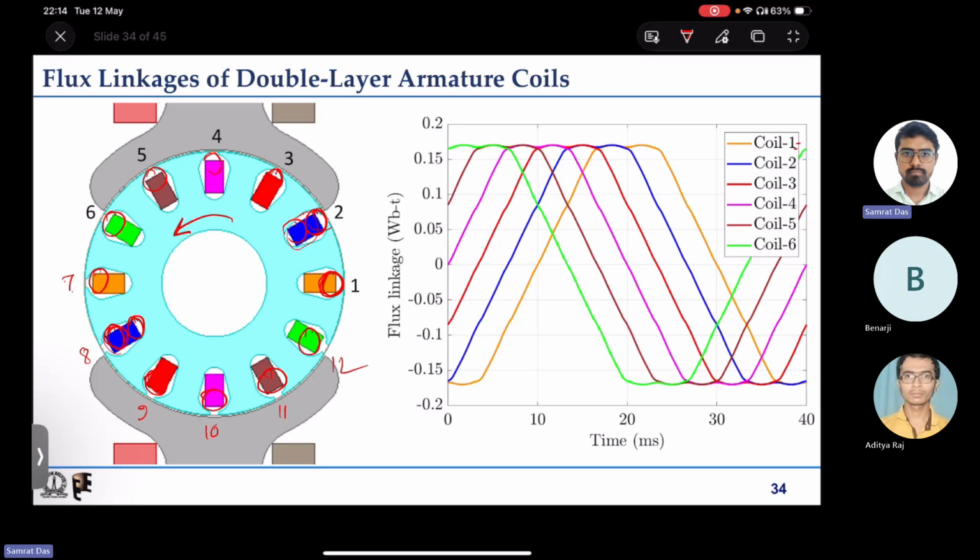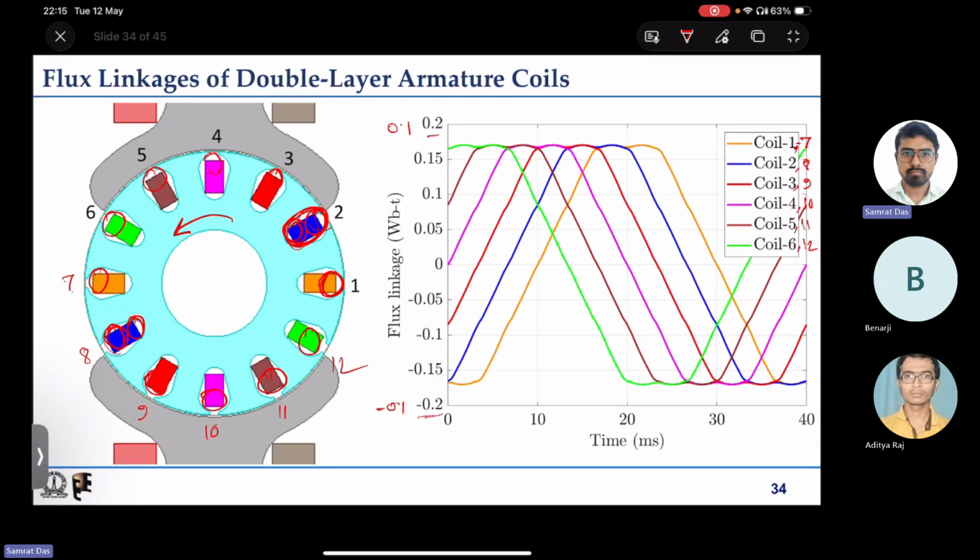So I can write 1 comma 7, 2 comma 8, 3 comma 9, 4 comma 10, 5 comma 11, and 6 comma 12. Only thing, if single layer had say 10 turns total, now it has 5 turns, so the individual numbers will be divided by 2. So instead of 0.2 it will be 0.1, and instead of minus 0.2 it will be minus 0.1.